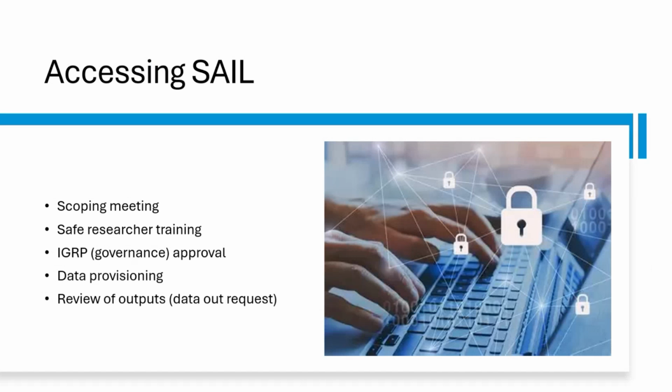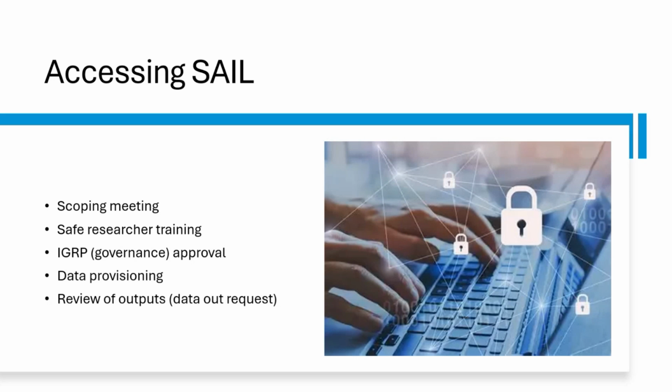For people interested in SAIL, the Welsh data, generally you access SAIL by having a scoping meeting, talking about what the question is, and whether the data can answer the question you're interested in. You have to have safe researcher training, the ONS course, where you do a course and there's a little exam at the end.